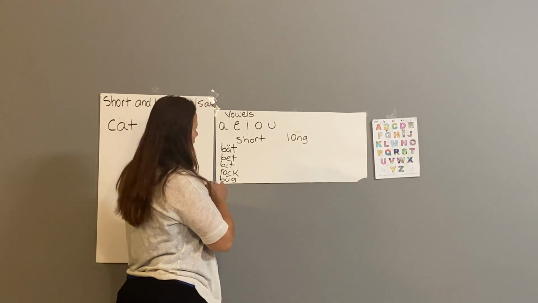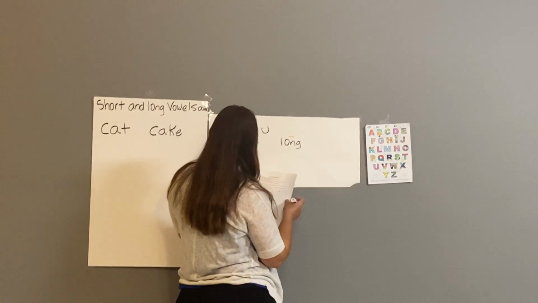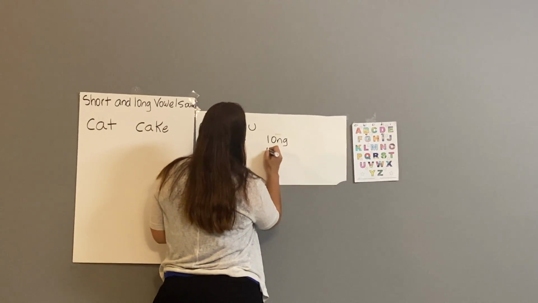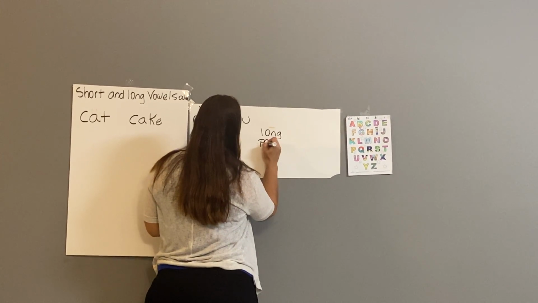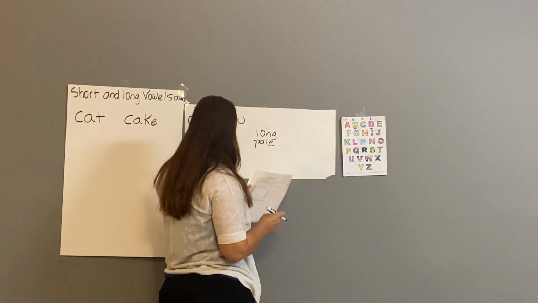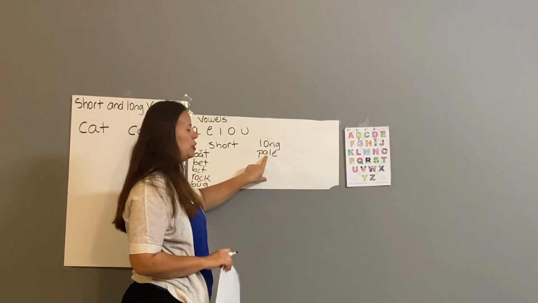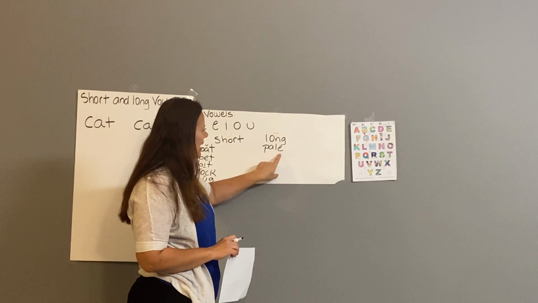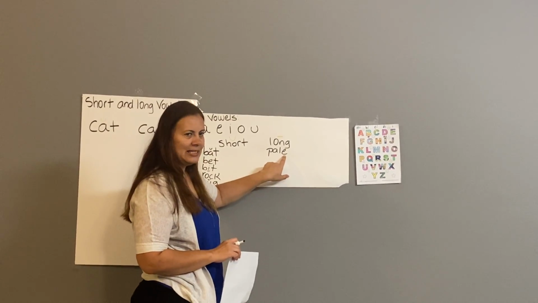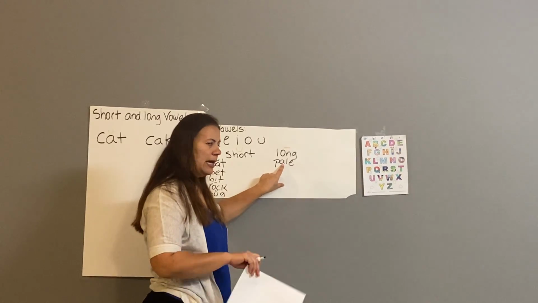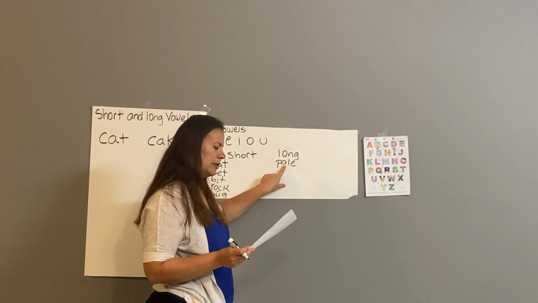If you have a word that has two vowels and the E is at the end, your first vowel becomes long sound.